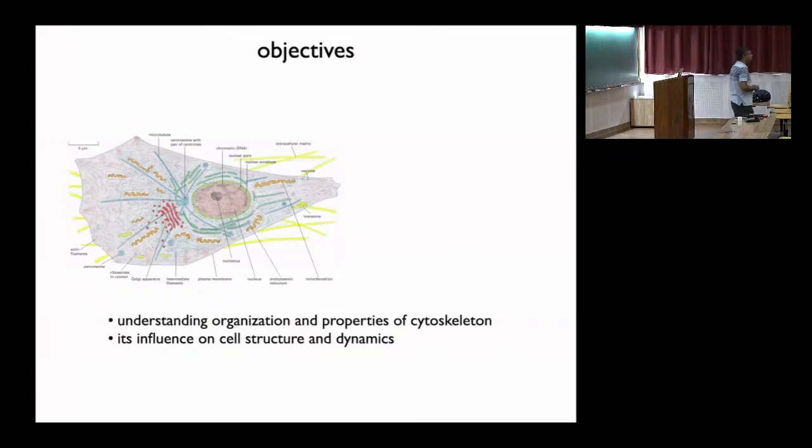So if we are interested in understanding a cell, it has a big component, which is the cellular cytoskeleton, made up of several kinds of filaments, associated molecular motors, cross-linkers, etc. One would like to understand the organization and properties of the cytoskeleton and its influence on cell structure and dynamics.